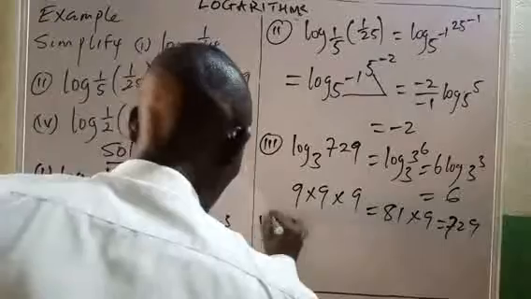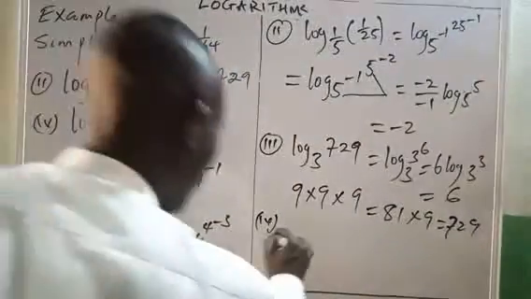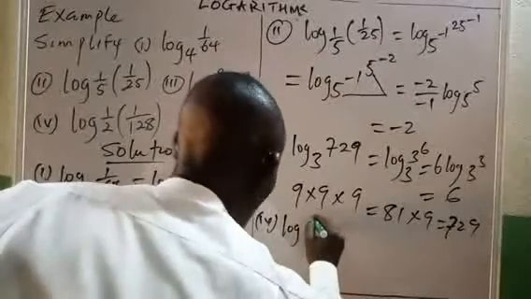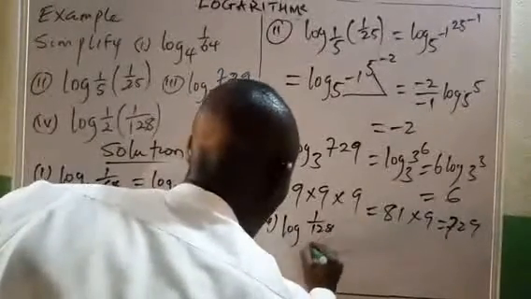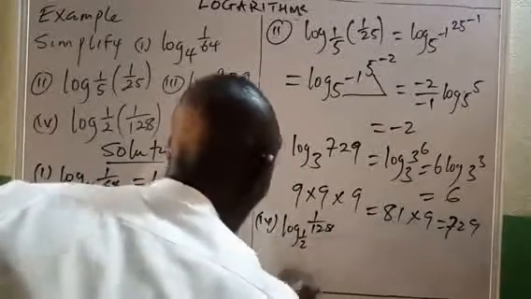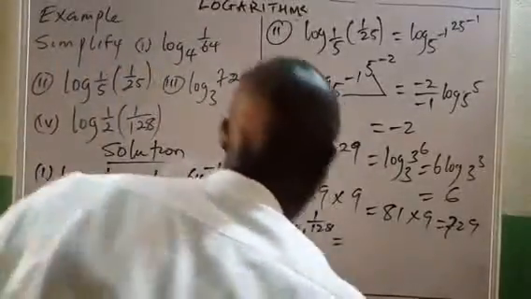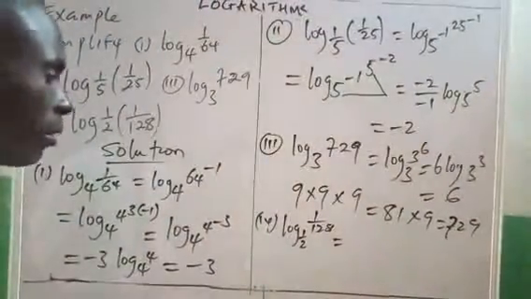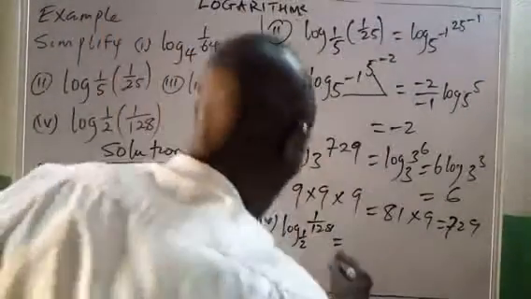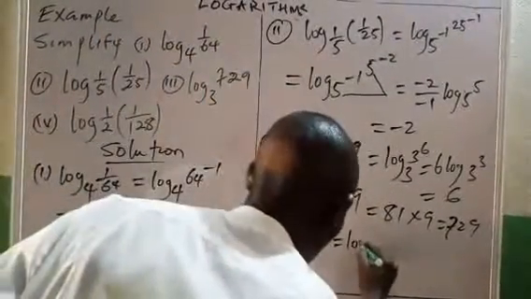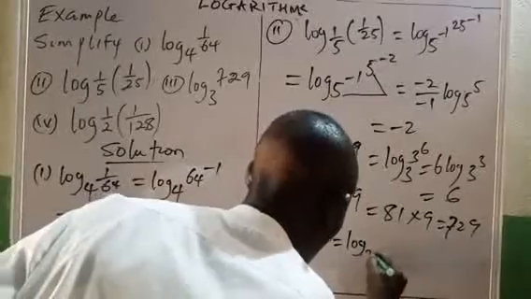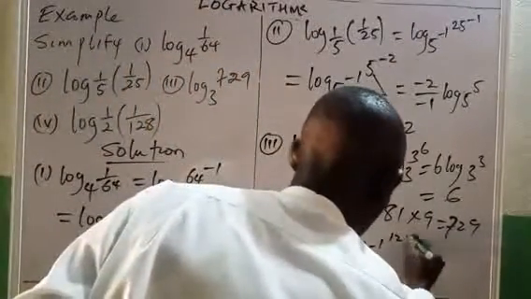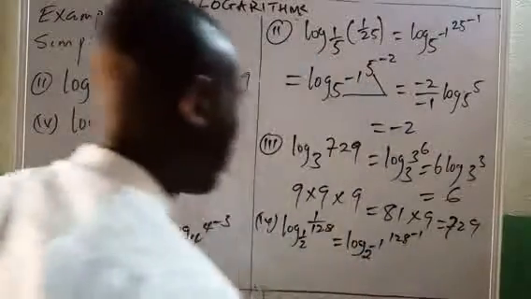So quickly, we look at the last one there. That's log of 1 over 128 to base 1 over 2. So don't waste time there. We solved a similar question before. So this one will just be log 2 raised to the power of minus 1, then you have 128 raised to the power of minus 1.